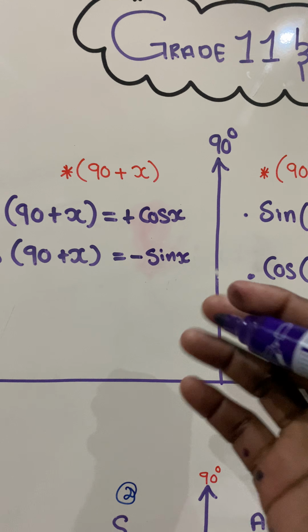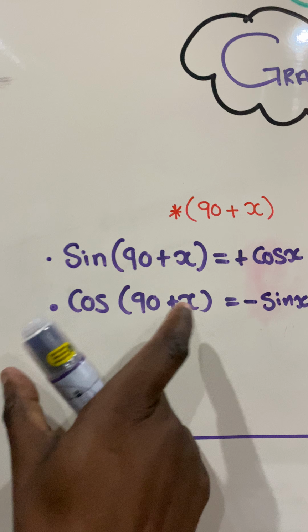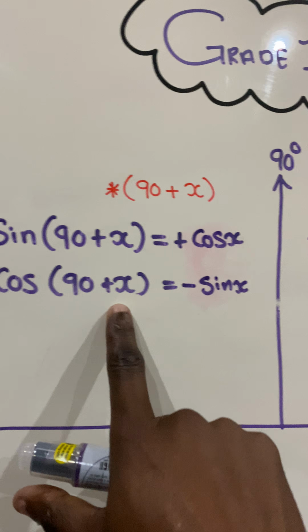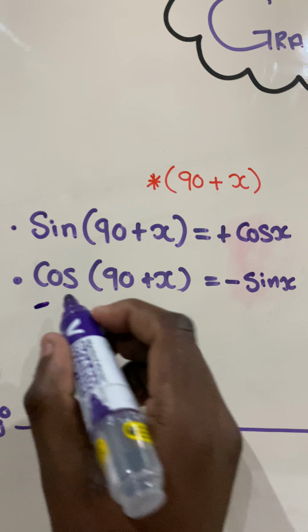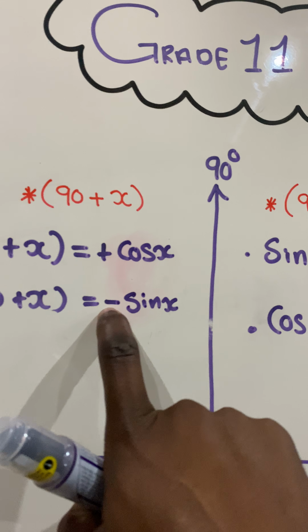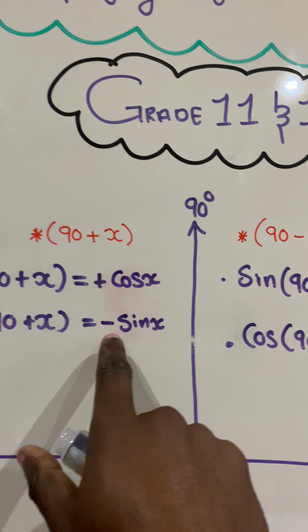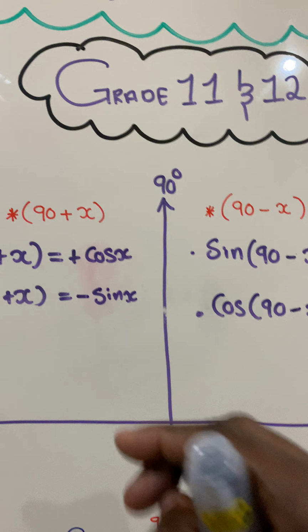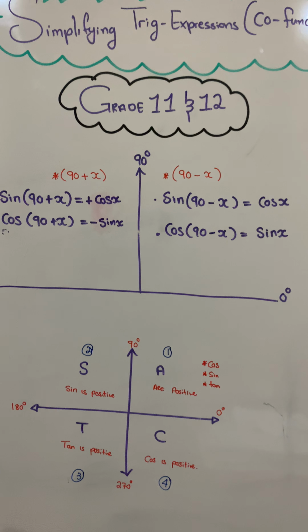The negative doesn't necessarily belong to the sin. It belongs to the original, which was given to us, which is the cos. So whenever the exchange happens, the original still maintains its sign, which is negative in this quadrant. And then we exchange the cos for a sin. Hence, we have this. I hope this helps when it comes to cofunctions.